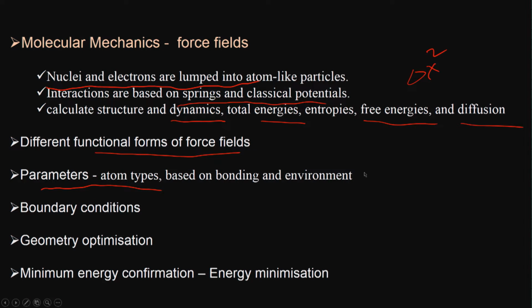Atom types means a carbon can have different environment and different bonding, right. You can have carbon single bond, carbon sp3, carbon double bond, carbon sp2, carbon triple bond, carbon sp, okay, and then carbon in the aromatic, carbon in a 5-membered ring form and so on.